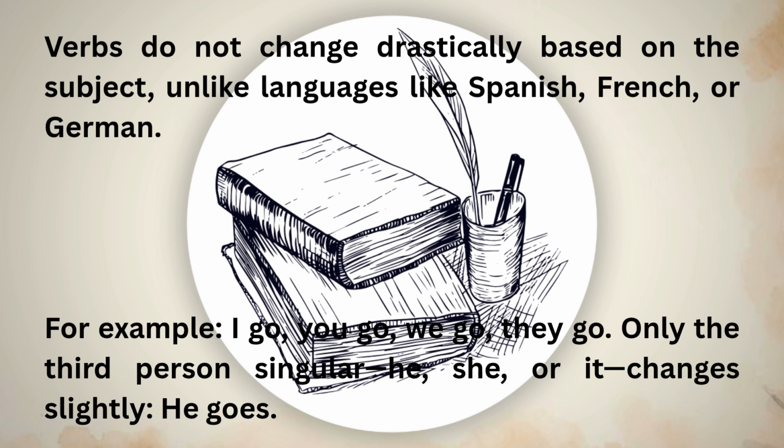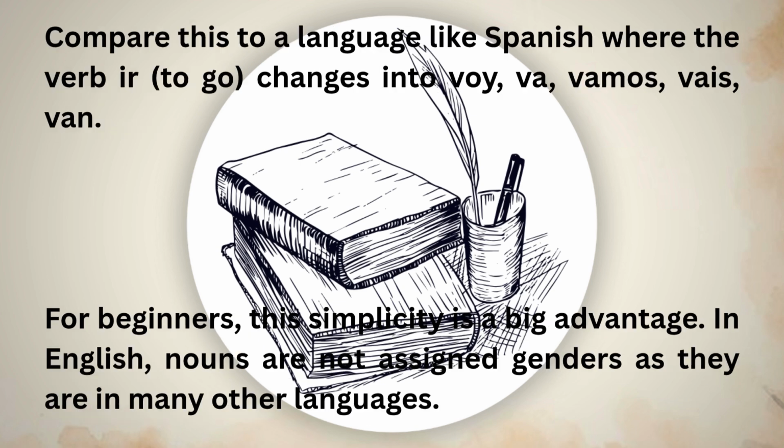For example, I go, you go, we go, they go. Only the third person singular, he, she, or it, changes slightly. He goes. Compare this to a language like Spanish, where the verb ir, to go, changes into voy, va, vamos, vais, van. For beginners, this simplicity is a big advantage.